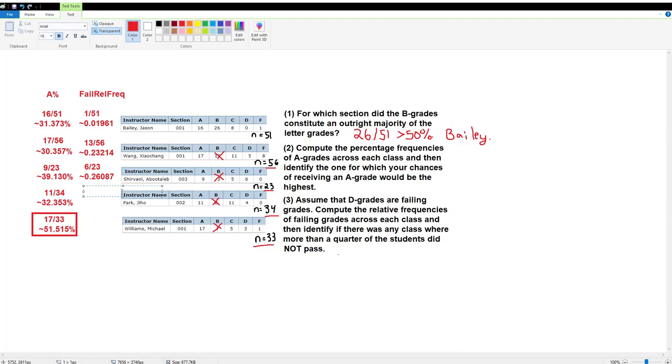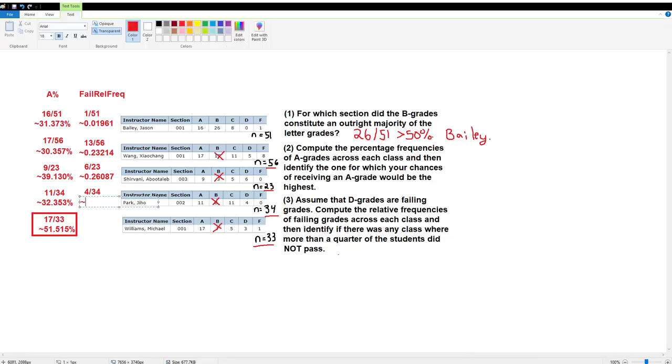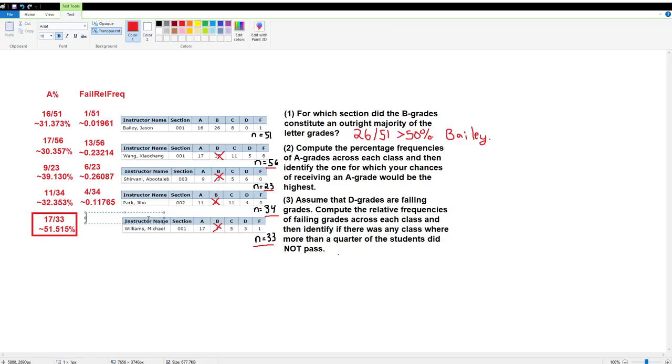So here we have 4 D's and no F's, so it's just simply 4 out of 34, which is going to come out to be about 0.11765. And then for our final section, 3 D's and 1 F, it's 4 out of 33. And so that comes out to be about 0.12121.